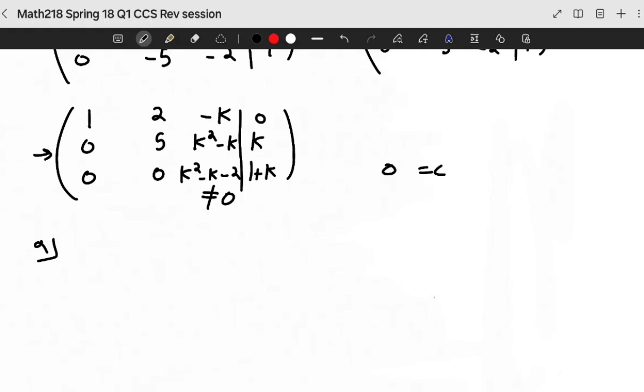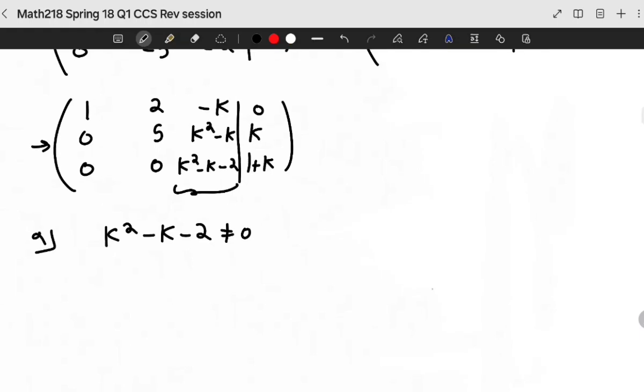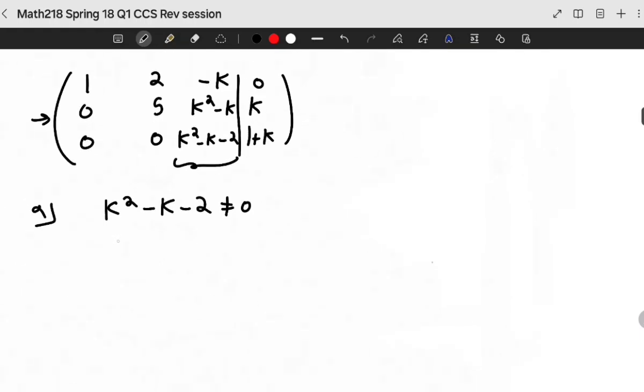So to guarantee that I have a unique solution, I want the coefficient of z to be not equal to 0. So k squared minus k minus 2 not equal to 0. And whatever this is, I don't really care if this is 0 or non-zero, I'm still going to get a value for z. So factorizing this, we get k minus 2 times k plus 1 not equal to 0.